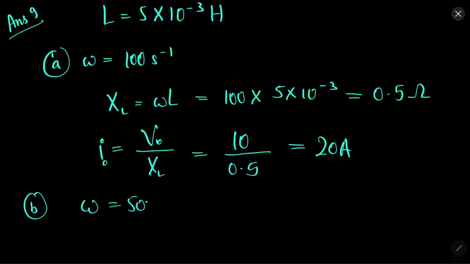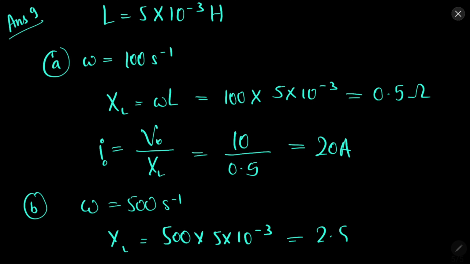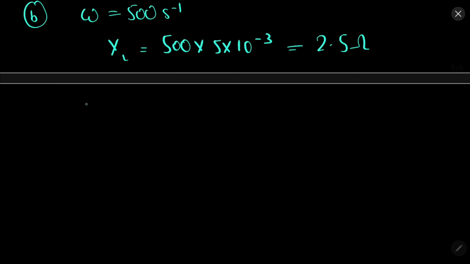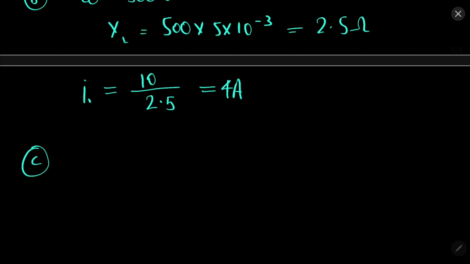Omega 500 per second. XL will be 500 into 5 into 10 to the power minus 3, so it will be 2.5 ohms. So current will be 10 over 2.5, 4 ampere.